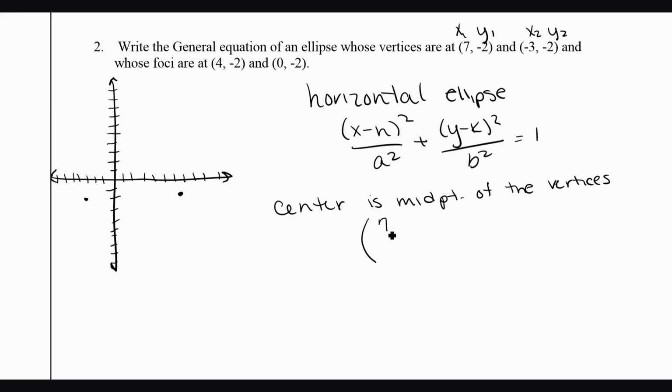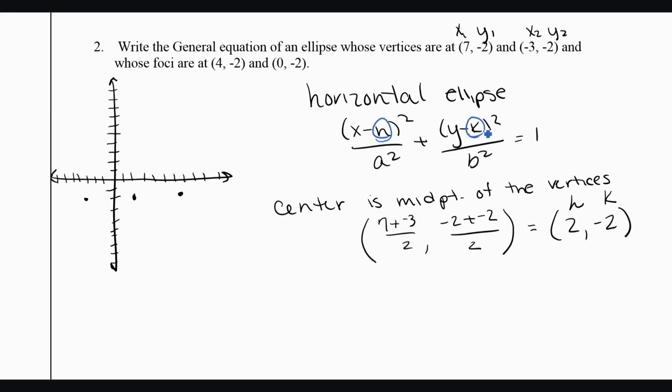So we take 7 plus -3 over 2, and -2 plus -2 over 2. So this would give us 2, -2. So this is our h, and this is our k. So we have our h and our k.